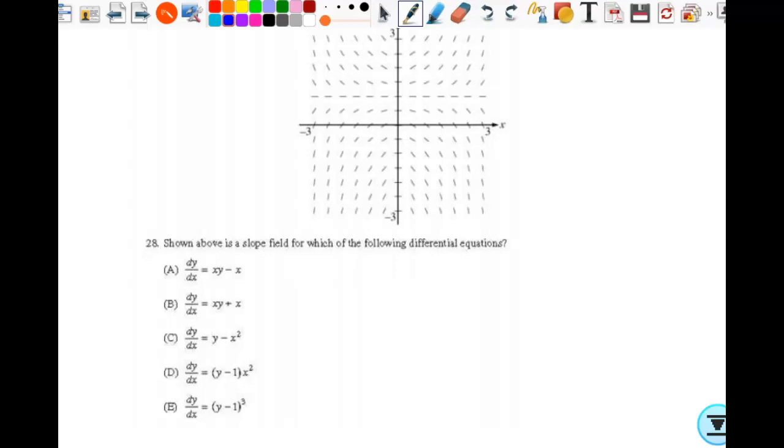Do you think it's that? So you plug in 1 point, and you got the right slope.